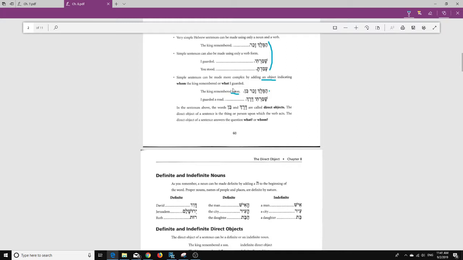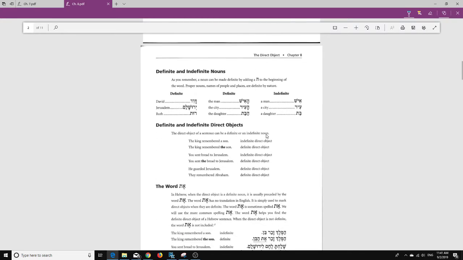So notice it's not definite. Shamarti derek, I guarded a road. Okay, in those examples, bain, a son, and derek, a road, are called the direct objects because they take the action of whatever the verb is.